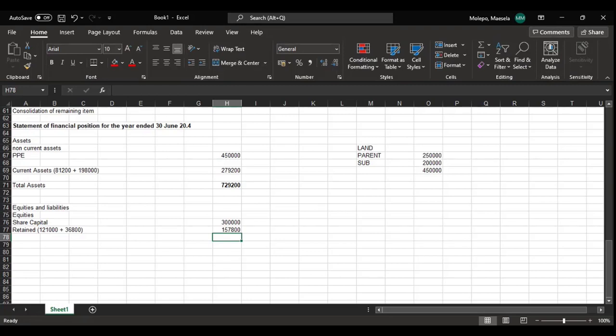We have 157,800. Then we'll proceed. Since this will represent our total equity before the non-controlling, we have to add the non-controlling interest, the one which comes to the SFP.